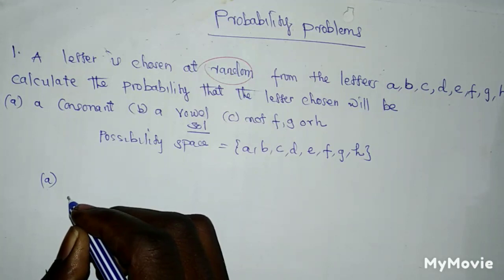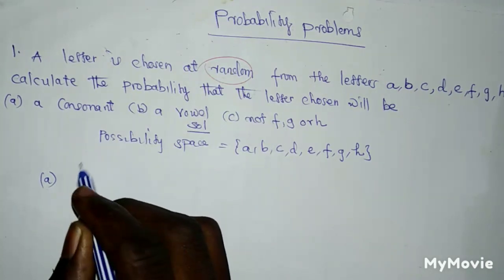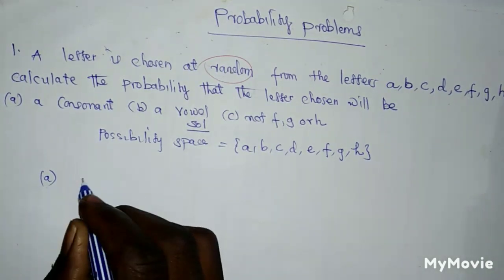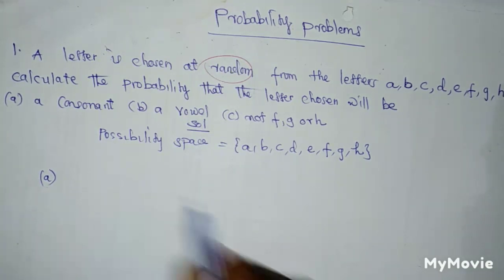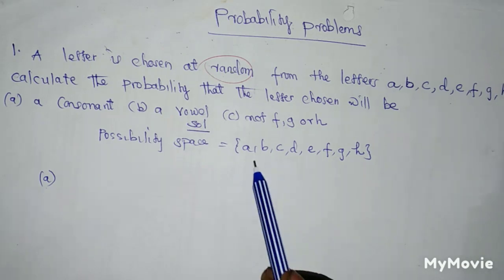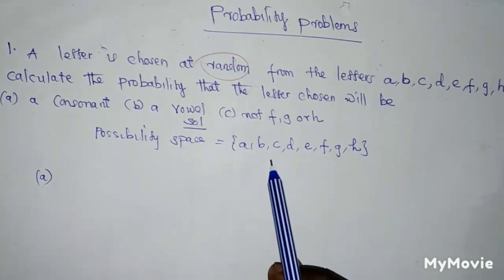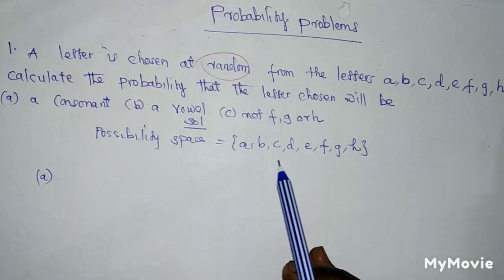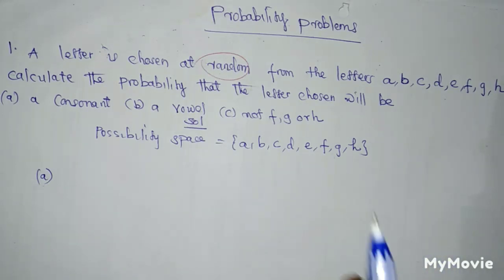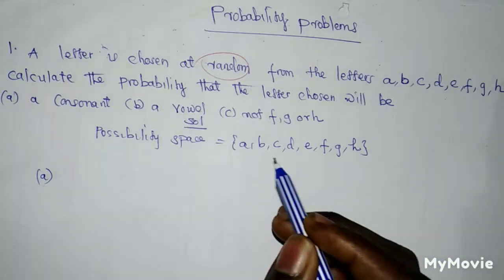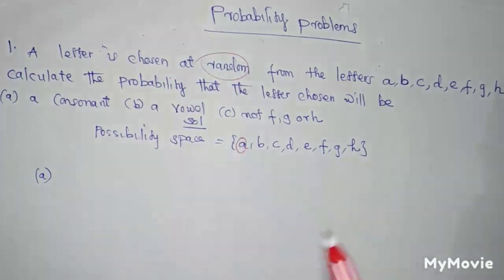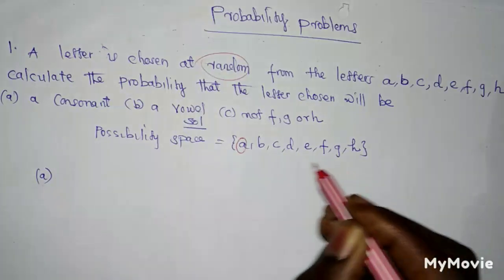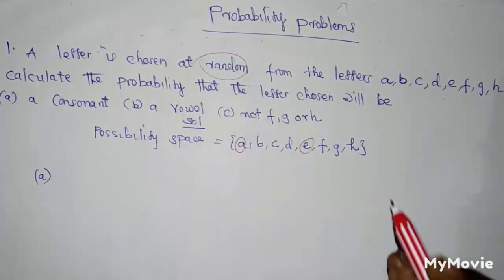A consonant. Okay, so let us see. In this set of possibilities, or the set of our outcomes, we can see the vowels and the consonants.